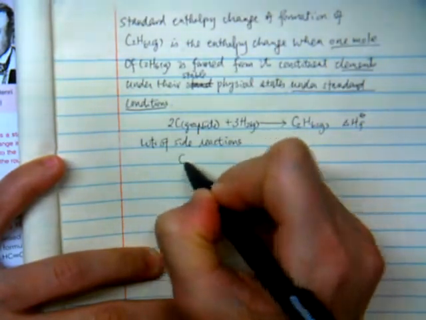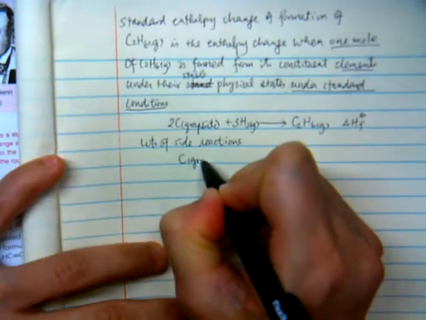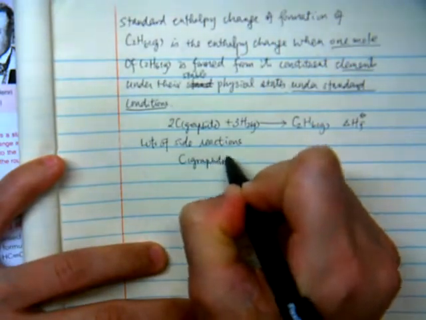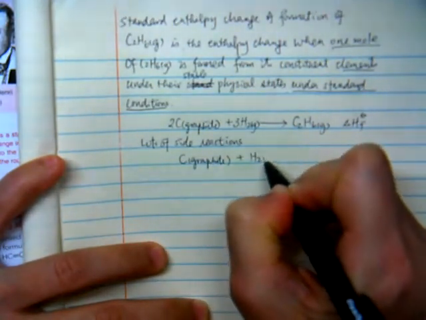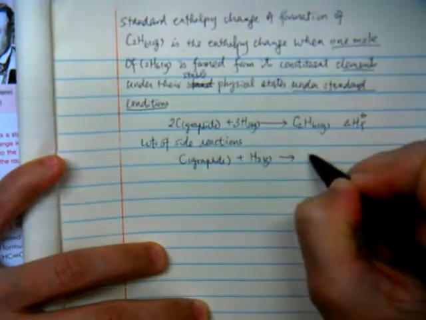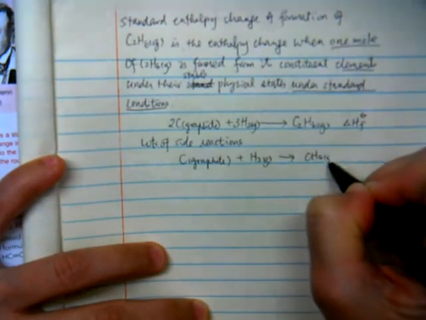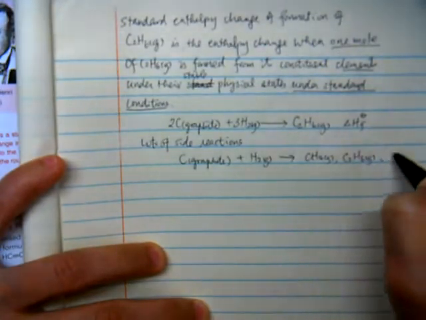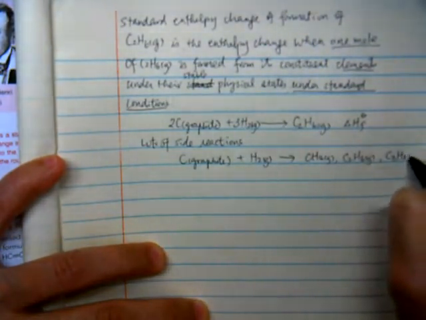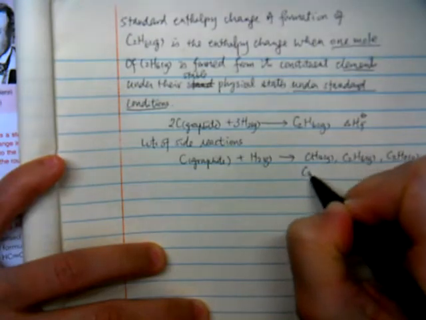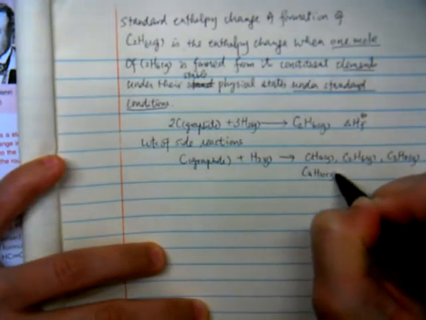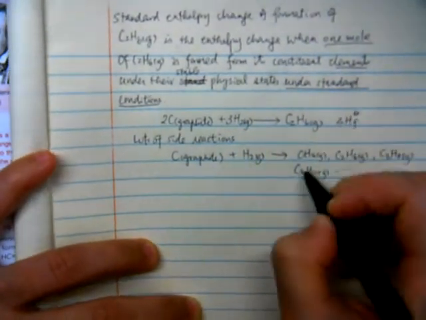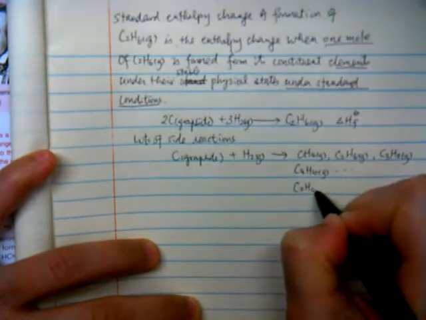Now imagine if you try to react graphite with hydrogen, there are lots of products like methane, ethane, propane, butane, etc. A lot.